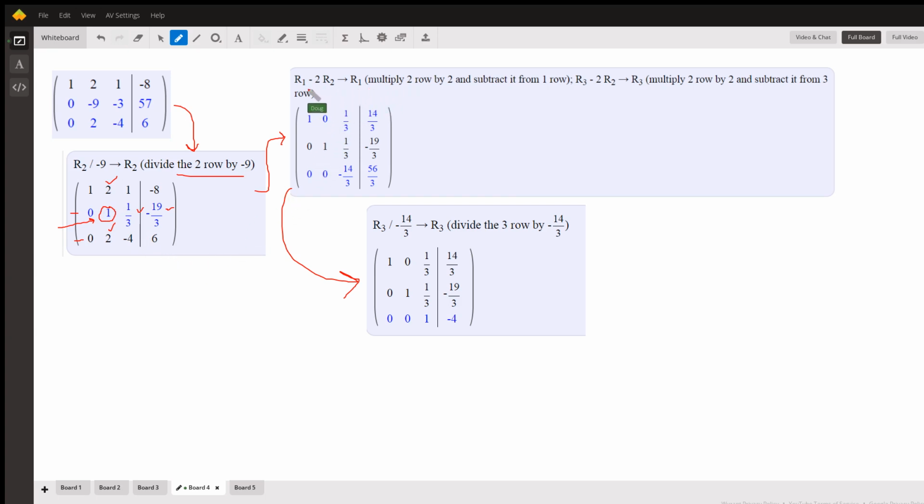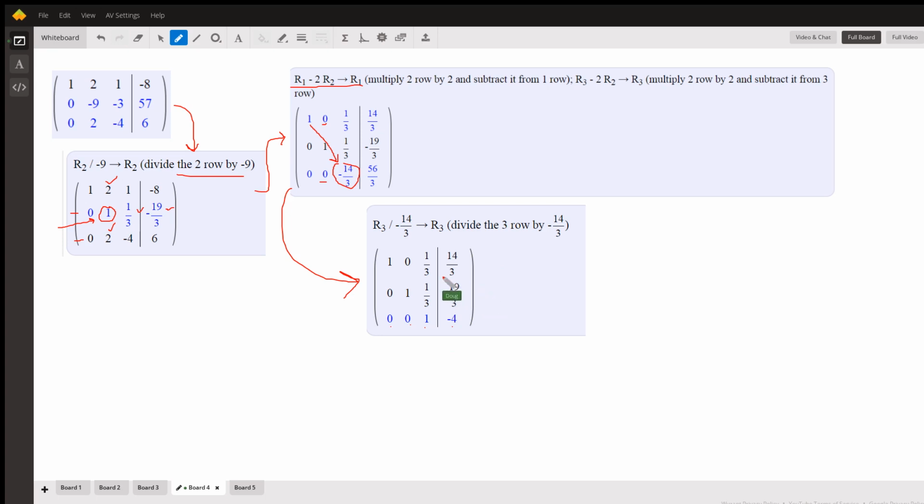I'm not going to go through every operation now, but this is what's happening. I've now got zeros here and here. And now I want to get rid of this negative 14/3. By that time, I'll have 1s all along the diagonal and zeros in the lower triangle. So here I've divided by negative 14/3 every element of the third row.